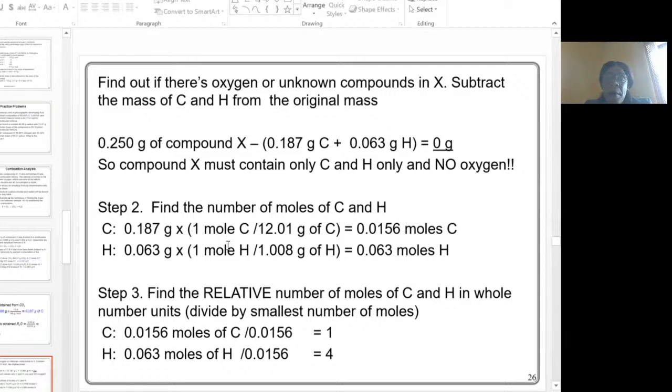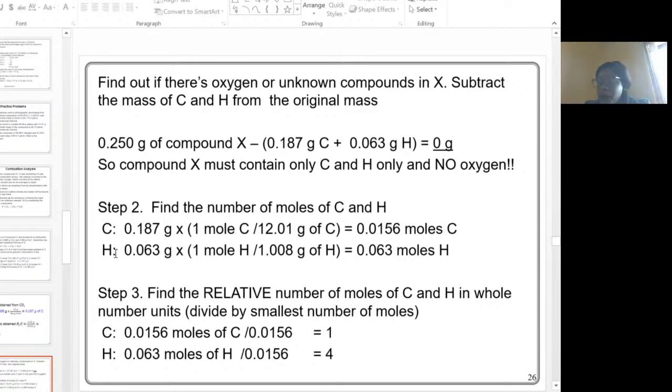Remember, in empirical formula determination, we convert all the given quantities to moles. So number of moles is equal to mass over molar mass. For carbon, the mass is 0.187 grams. Divide that by the molar mass of carbon, which is 12.01, and you get 0.0156 moles.